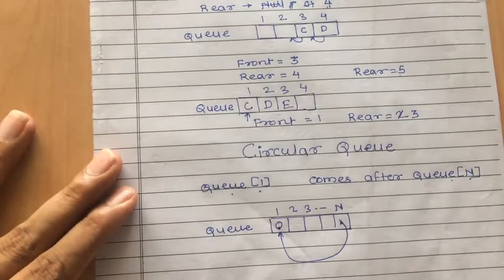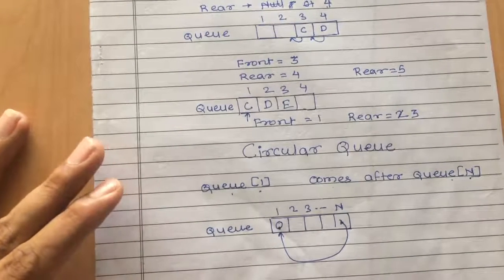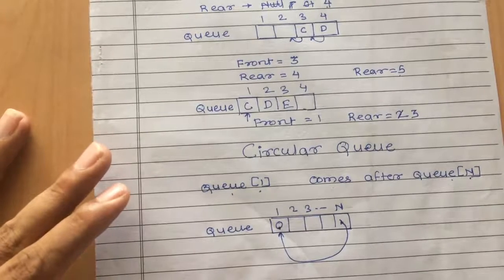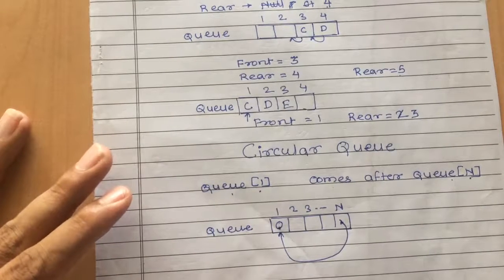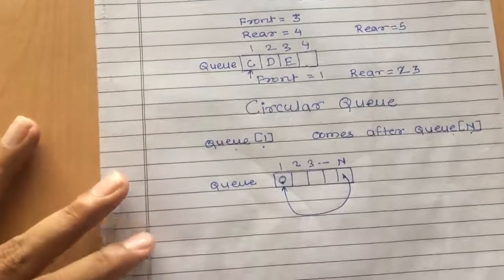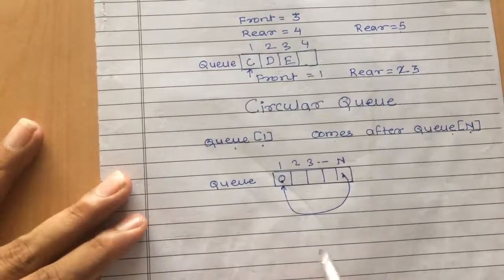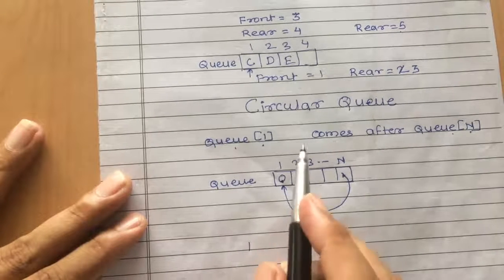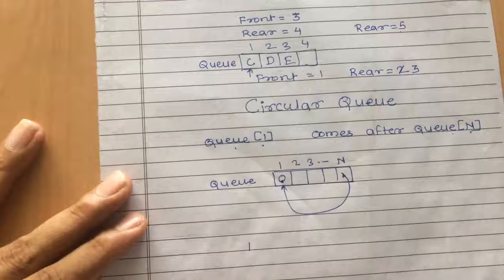Okay. So I hope you understand this basic concept of circular queue. Now suppose we want to insert an element in this queue. Okay, so we are having this circular queue. Now what does rear indicate? Rear indicates the location of the last element.